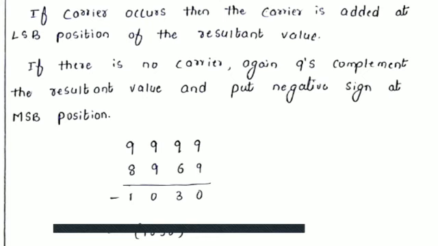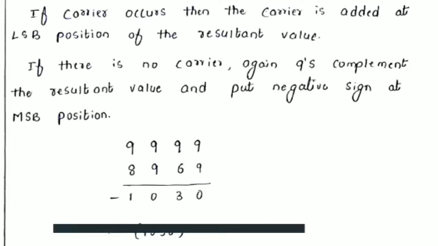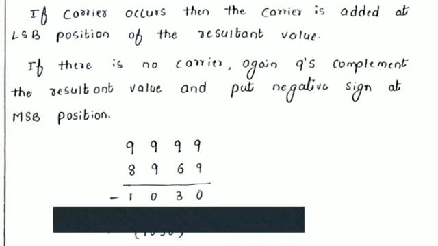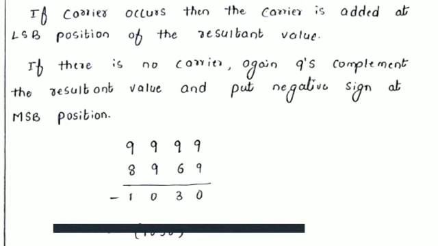So we need to put the minus sign before the resultant value, which is the 9's complement of the result. Here the 9's complement of 8969 is 1030. We need to put the minus sign before that resultant value if carry is not generated.